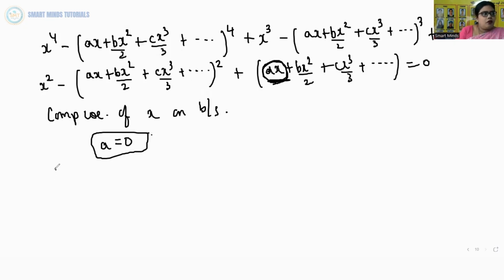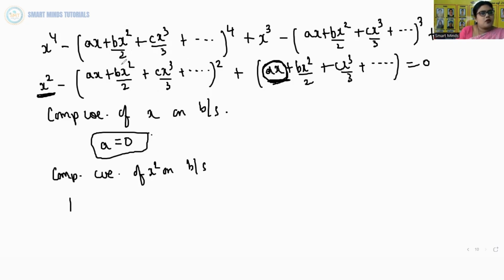Clear? Now we will compare the coefficient of x^2 on both sides. From where do you get x^2? You get the x^2 coefficient from this whole square term, and here also an x^2 term. Here the x^2 coefficient is 1.